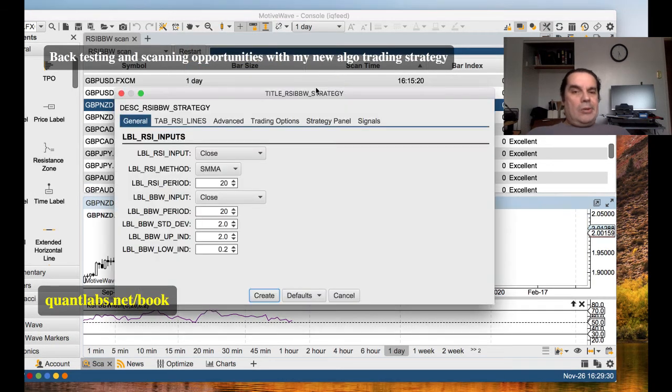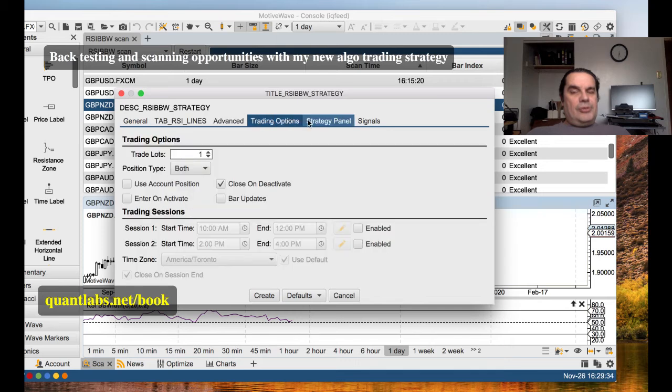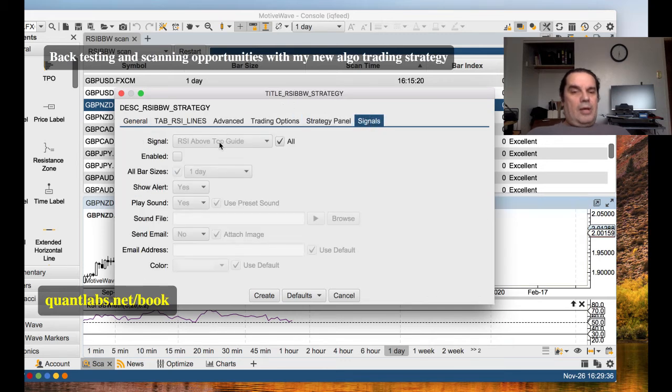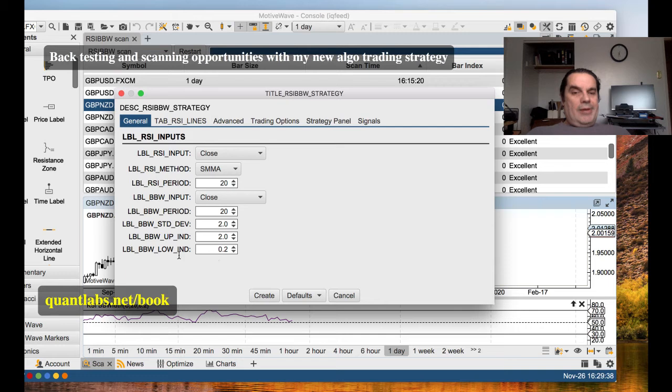So here we have all the same standard parameters I introduced you to in the study, all the lower indicator.